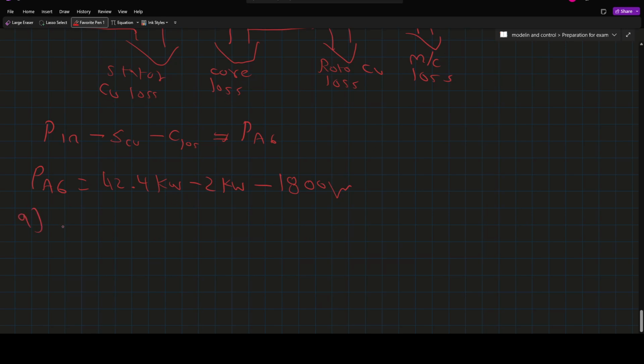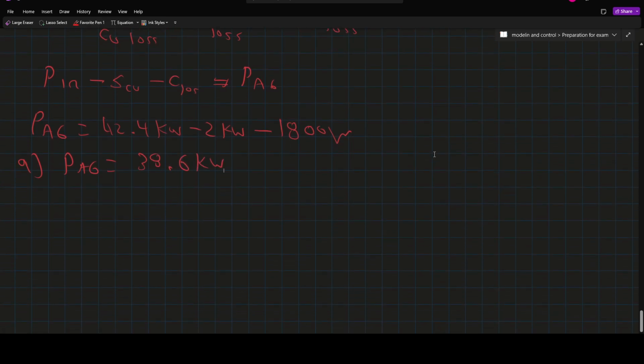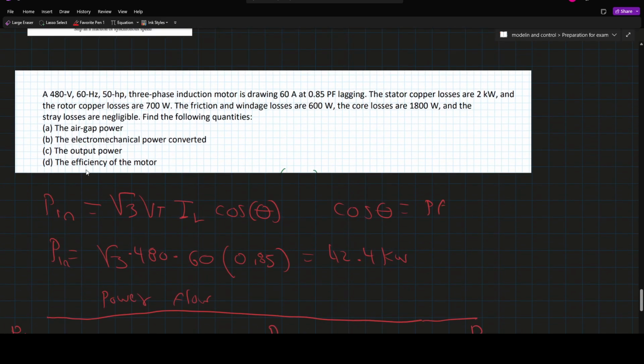So for part A, our power in the air gap is gonna be equal to 38.6 kilowatts.